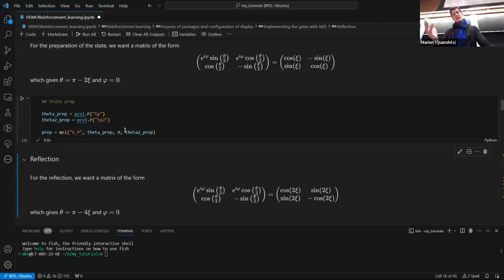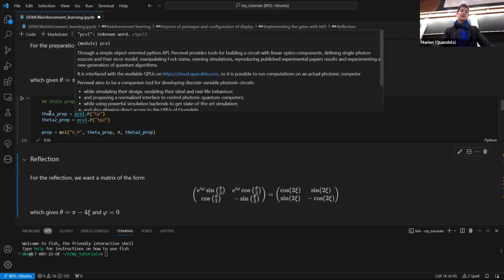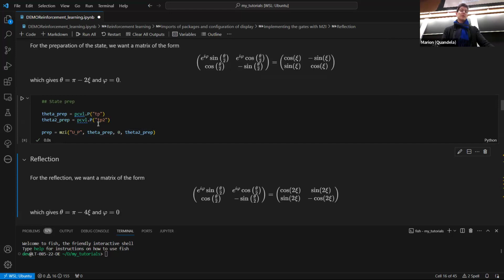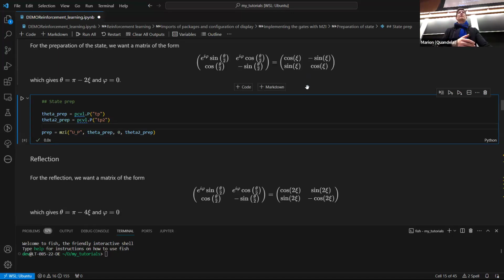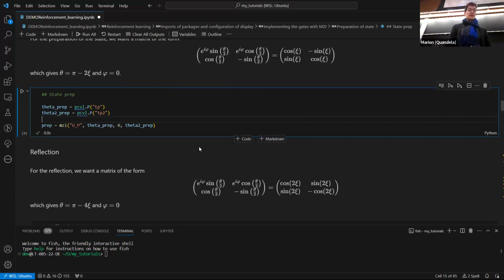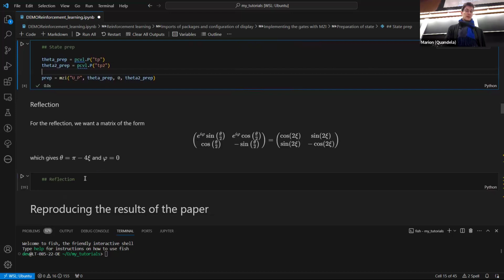Later, when we use this circuit, we're going to set the value of theta preparation and theta 2 preparation, which will be defined by xi, depending on where the reinforcement learning agent is at some epoch. Some epoch will define a value of xi that the agent will choose, basically. And so we'll set that later.